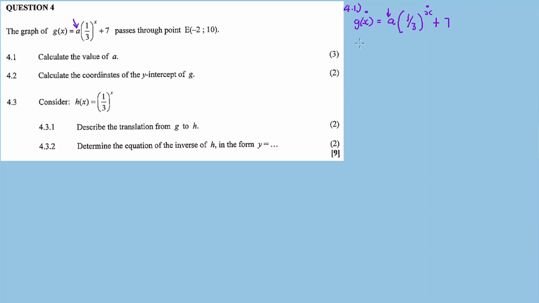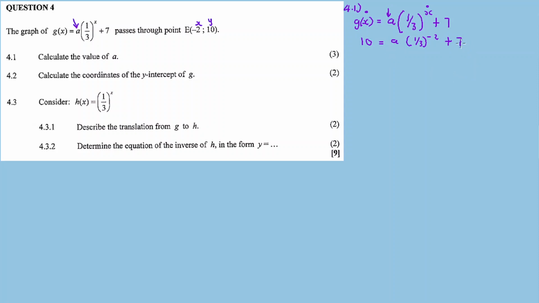Where there's g of x and this is y, this is x, so here it's going to be 10 equal to a 1 over 3 raised to exponent minus 2 plus 7. You substitute this coordinate E in order to calculate a.